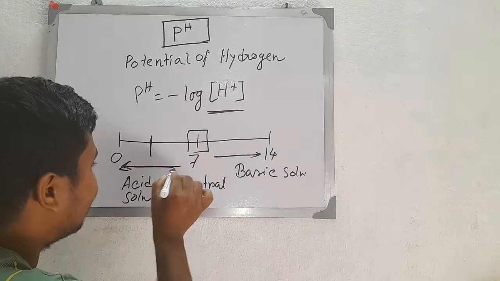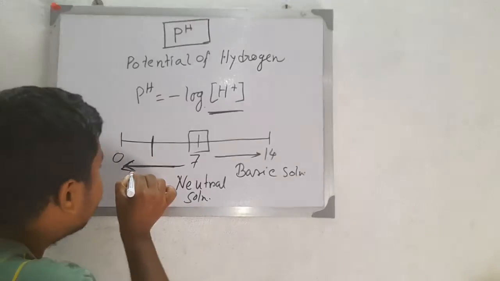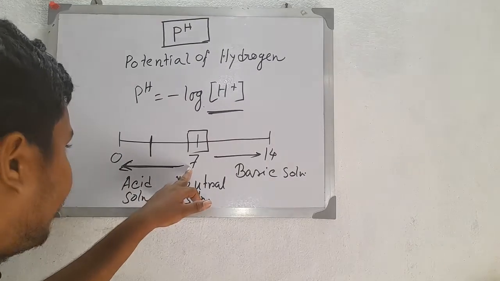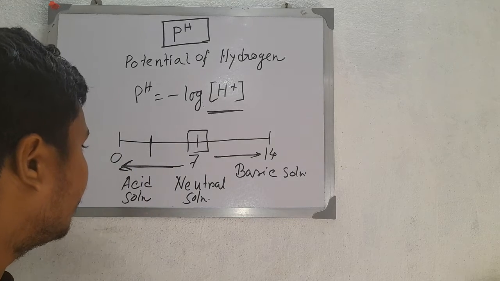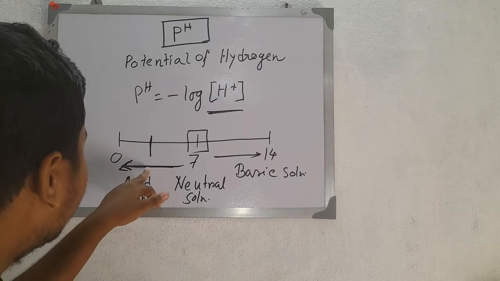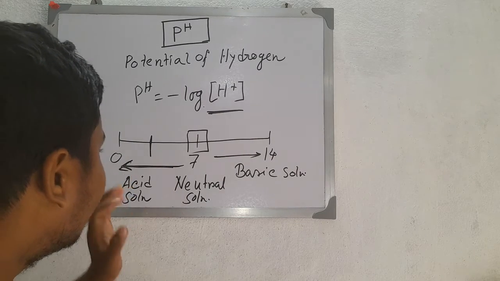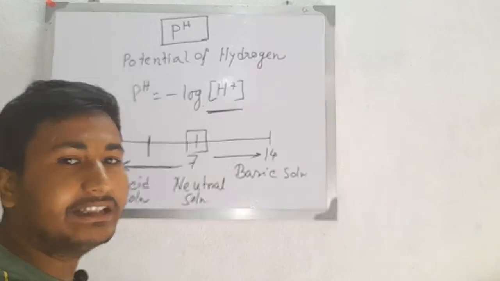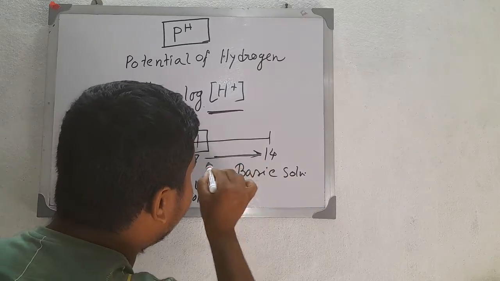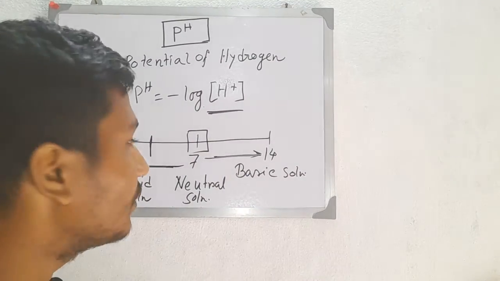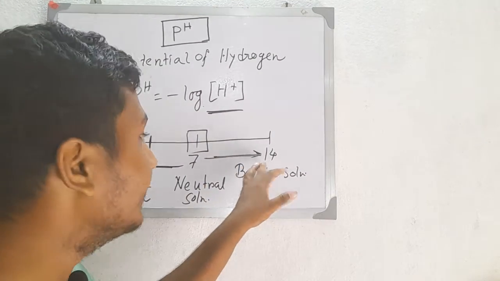So that means, from 7 to 0, the strength of acidity increases. And from 7 to 14, basicity increases.